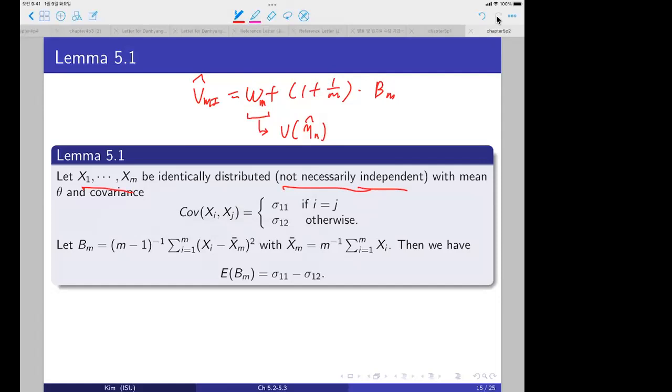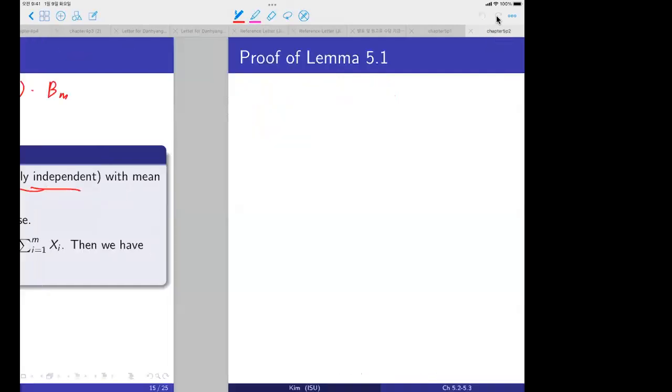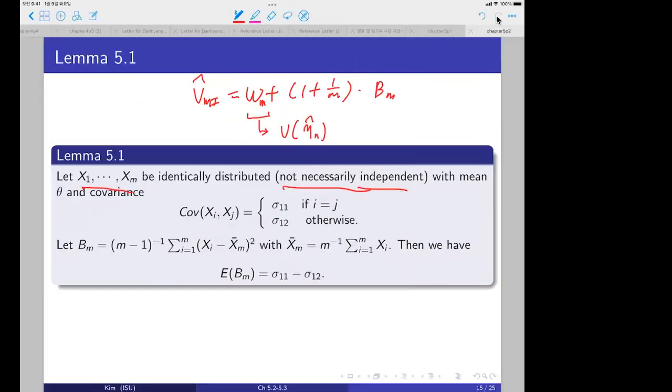Then what is the expectation of the sample variance? It is actually sigma 11 minus sigma 12. So variance minus covariance. Is it clear? Probably. So let me briefly prove this.